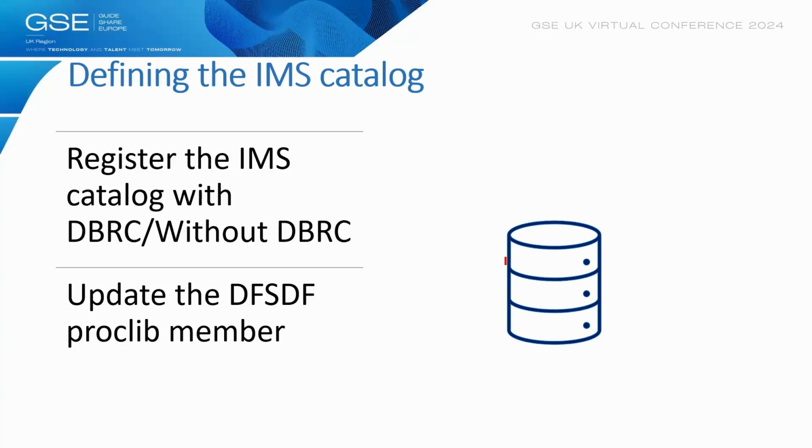You can define the catalog with DBRC or without DBRC, as Aditya mentioned earlier, and we will see in a minute how to do that. After that, you also need to make changes in the DFSDFxxx member of your IMS PROCLIB. We will also look into those changes.